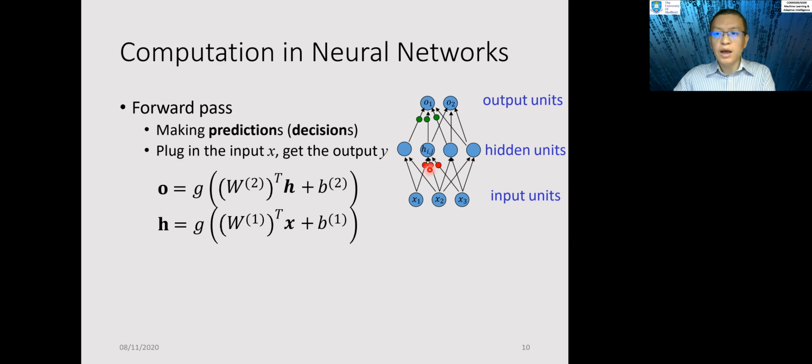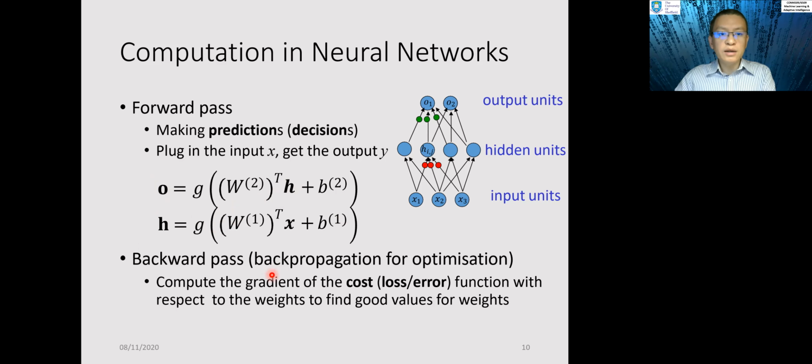This is a hidden unit, and that is our output unit. So the forward pass basically takes the input and generates a prediction or a decision as the output. If we plug in the input, we will do some multiplication and activation to get the output through the hidden layer.